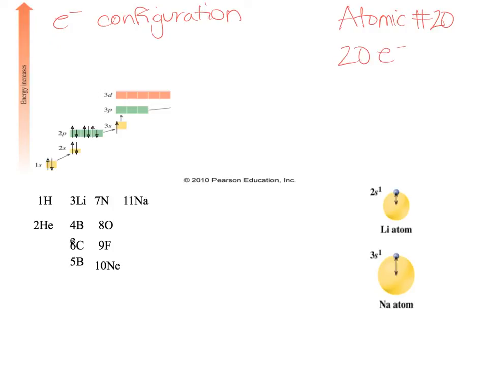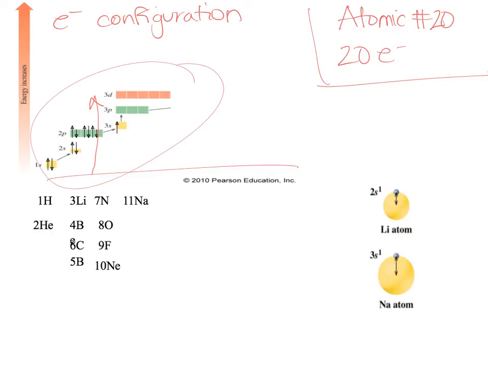We're not really going to ever go beyond atomic number 20, which, remember, is equal to the number of protons and equal to the number of electrons. But we've got to figure out the electron configuration for at least the first 20 elements on the periodic table. Now, my little diagram down here is kind of a sad way to show this, but I'm going to use it to show you how we fill in and figure out these electron configurations.